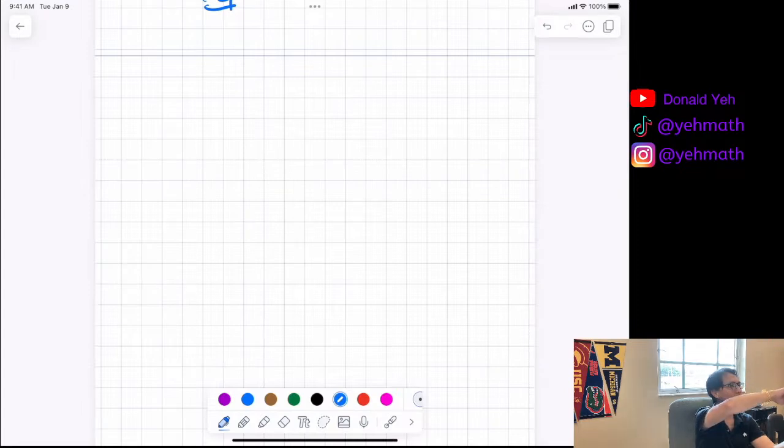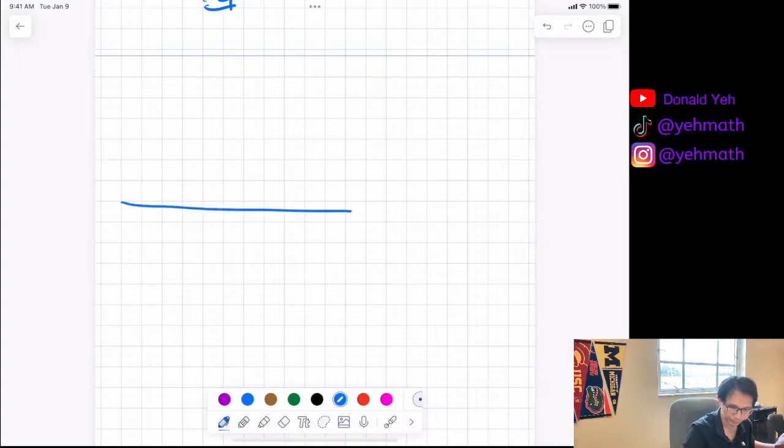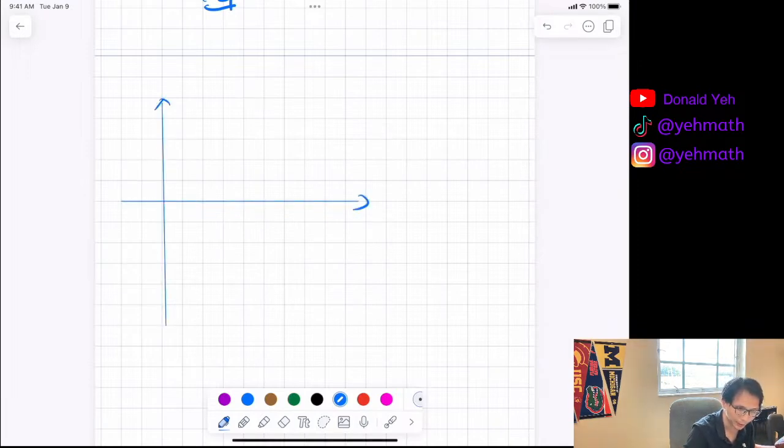Okay, so what kind of graph can you think of? It's like square root of x. Square root of x, and then we just do this. Now what we're going to do is take this graph and rotate it in a certain direction. We're going to come up with something that looks like a curve, from here, that's 0, 0, all the way to 2, 0.